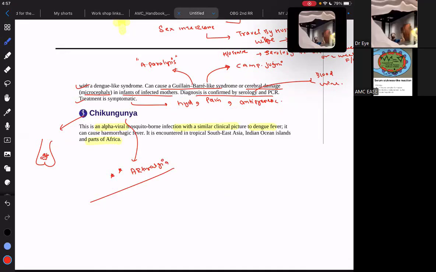As we are done with this, for yellow fever, what I want you to remember is that this results in hepatic failure, renal failure, and thrombocytopenia.